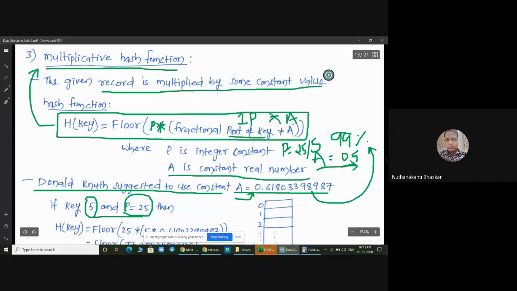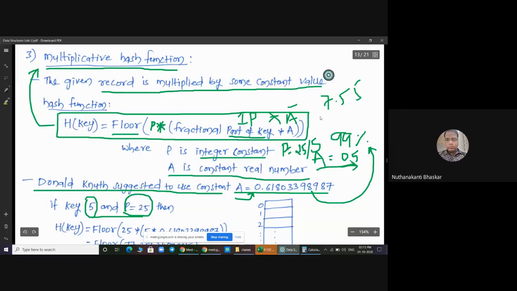Like the A, the real constant, in the same way P is an integer constant and A is a real constant. Here you compulsorily have to multiply. After this you have to apply floor. Floor means that after this operation you may get some fraction part, for example 7.55.